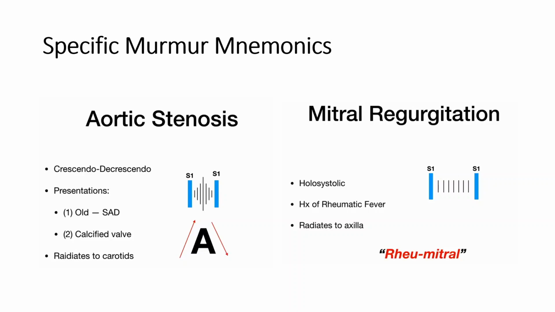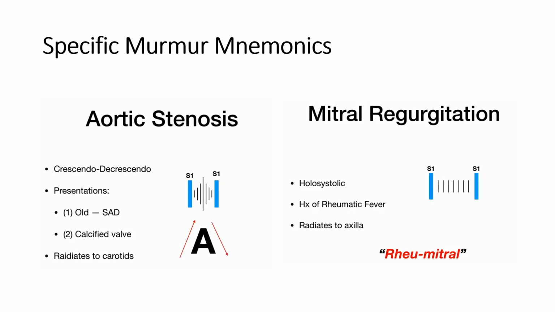Then the presentation is either you have an elderly person who presents with syncope, angina, and dyspnea, as I would say, the sad elderly people, or you have somebody with hypercalcemia with deposits in the valve. Importantly, in aortic stenosis, the murmur radiates to the carotid.